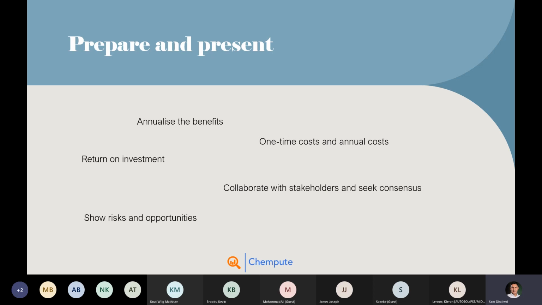Okay, so then we want to prepare and present, and what you want to do is to annualize the benefits, and then you want to calculate one-time costs and annual costs, which I showed earlier on, and show a return on investment.